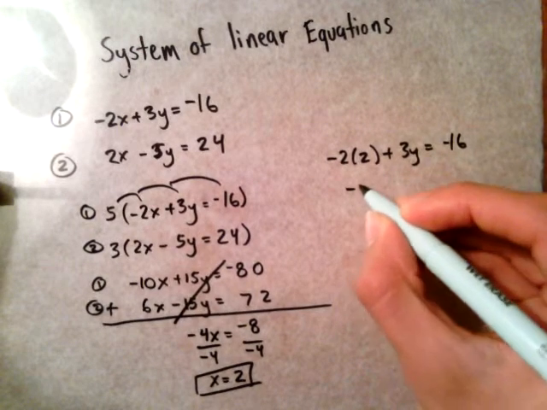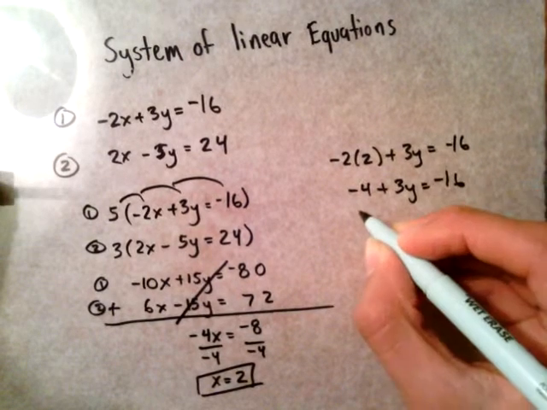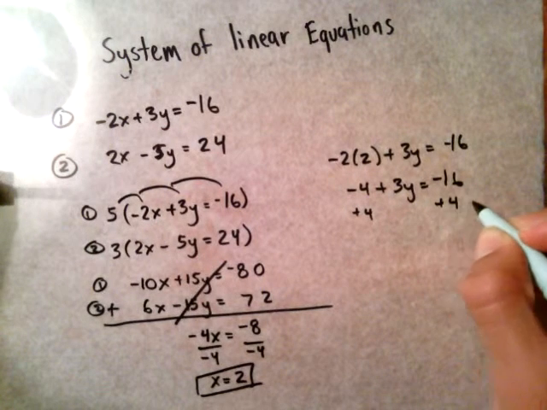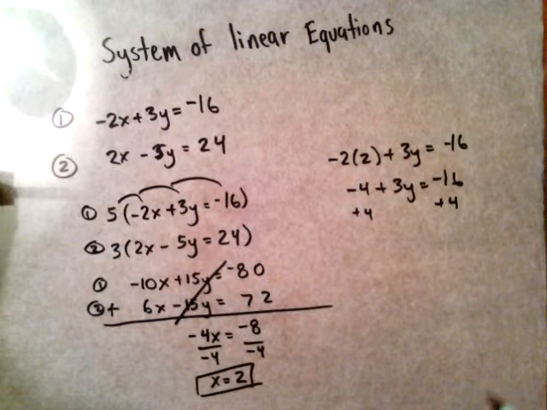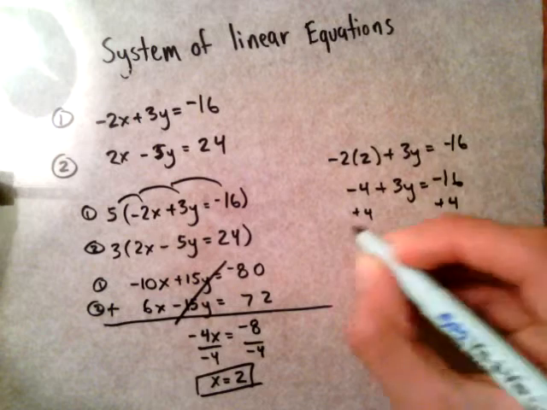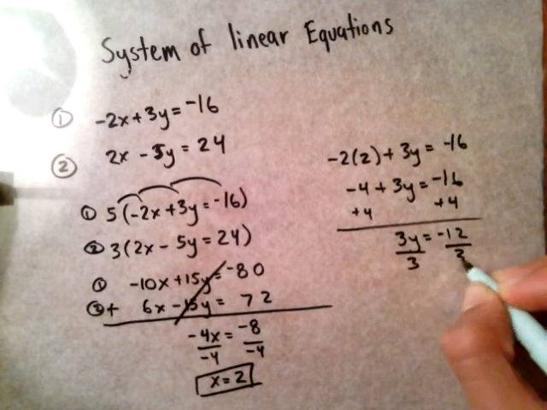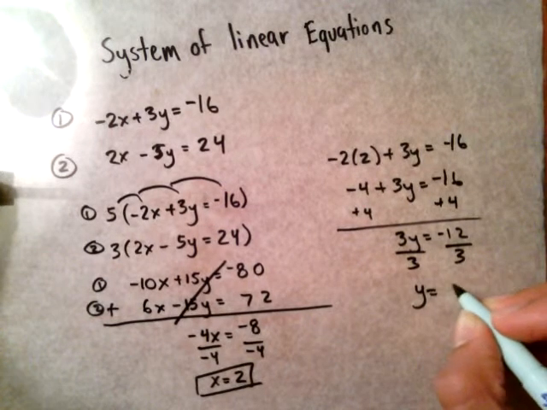Negative 2 times 2 gives us negative 4 plus 3y is equal to negative 16. We want to add 4 to both sides. And then we get 3y is equal to negative 12. We divide by 3 on both sides to solve for the variable, and we get y is equal to negative 4.